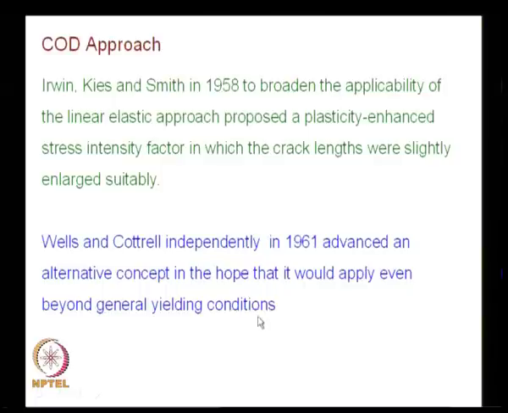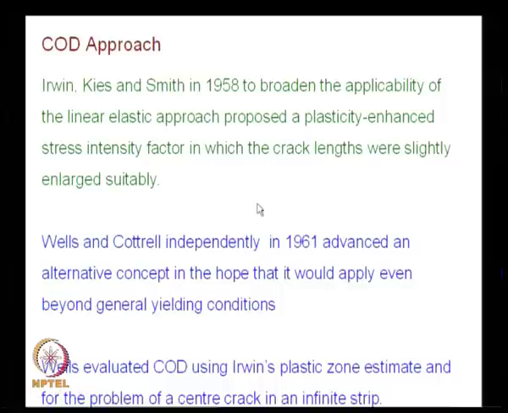We would take this when we discuss J integral, and another measure for elastoplastic fracture mechanics is the COD approach. We will just see that these two approaches were there to understand the plastic deformation near the crack tip.